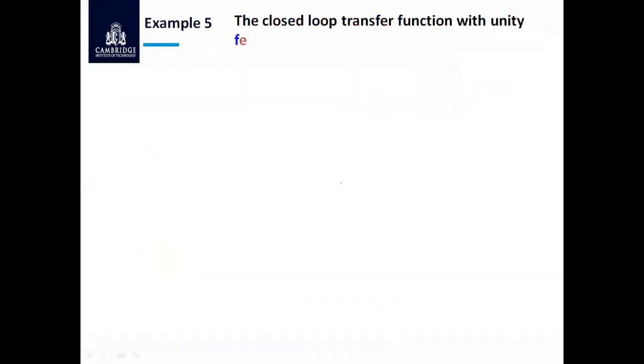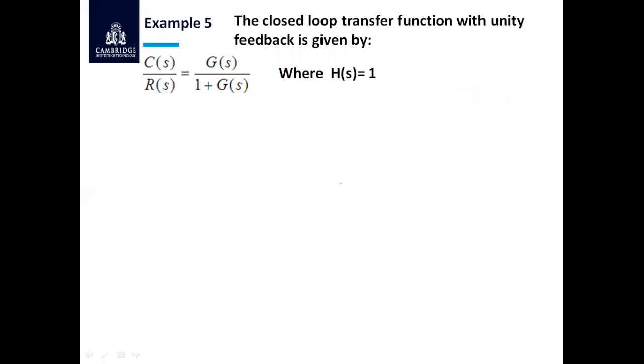So the closed loop transfer function with a unity feedback system is given by C of s by R of s is equal to G of s divided by 1 plus G of s. G of s is given in the question, and we know that it is a unity feedback control system, which is specified in the question very clearly.